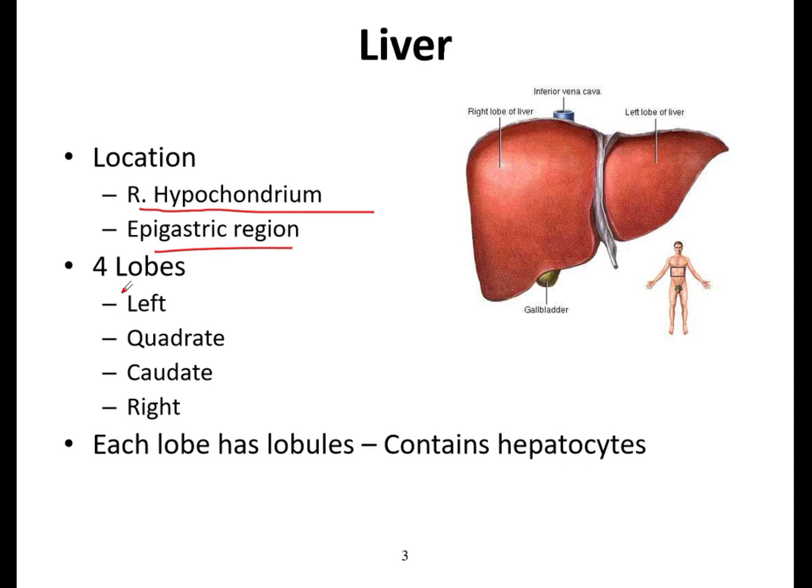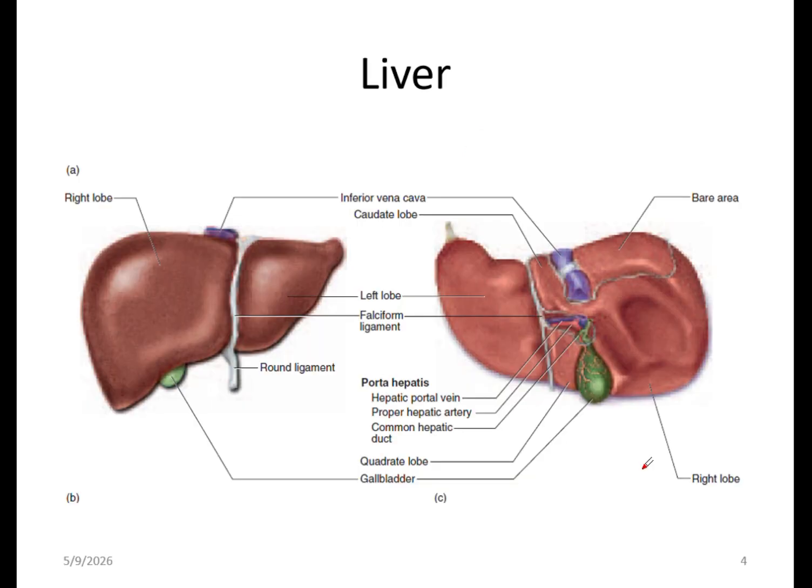So we have four lobes: the left lobe, the quadrate lobe, the caudate lobe, and the right lobe, right? Each lobe has lobules and contains hepatocytes. Here you can see this is the right lobe and this one is the left lobe, and this one is the inferior vena cava.